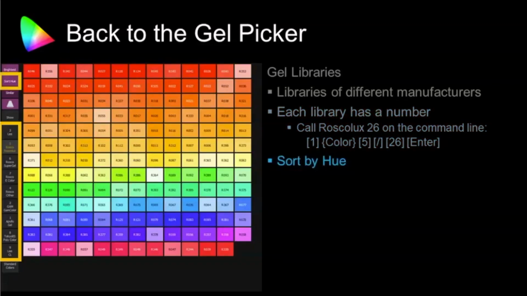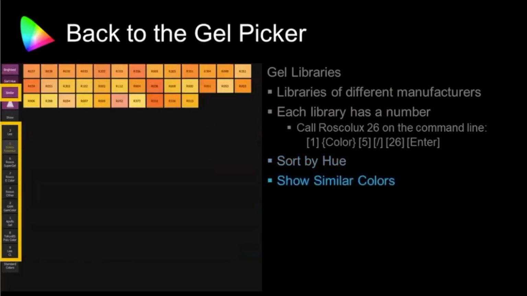We also allow you some sort tools. So if I'm in a library and I have sort by hue enabled, as you can see, that puts those in hue order, not in numerical order, which is nice. We also have a sort similar colors. So wherever I am currently in the color picker, this is going to show me a collection of colors that are nearby.